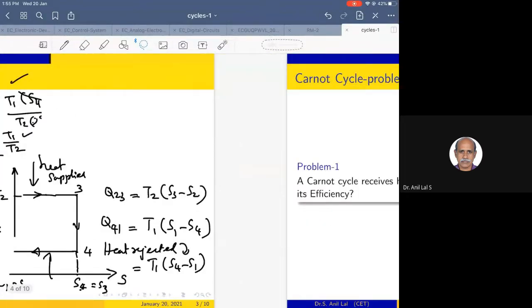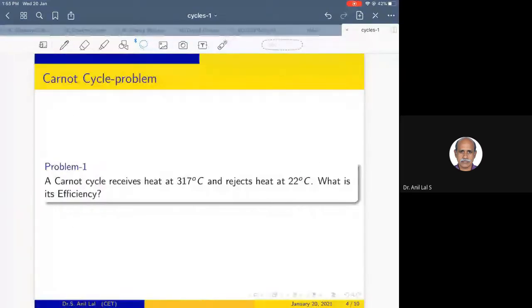Let us do the first problem. A Carnot cycle receives heat at 317 degrees centigrade and rejects at 22 degrees centigrade. What is its efficiency? Efficiency is equal to 1 minus the lower temperature, which is 22 degrees centigrade, by 317.